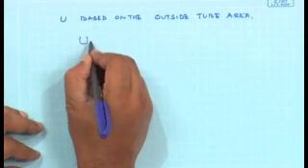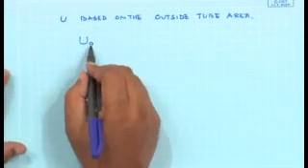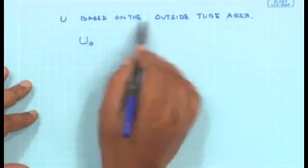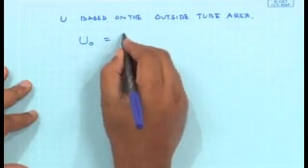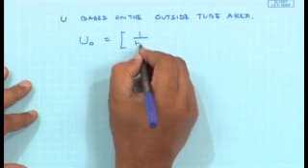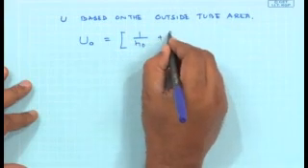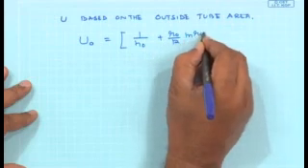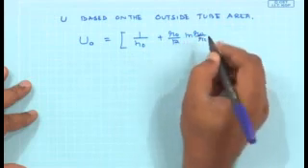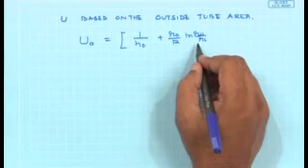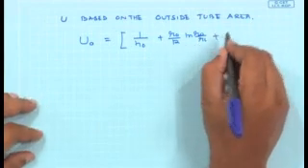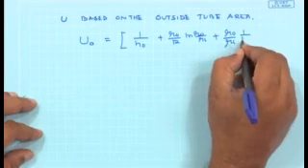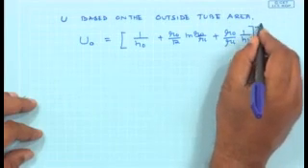So, this U naught simply denotes that it is based on the outside tube area. So, this is 1 by H naught plus R naught by K ln R naught by Ri, which is the conductive resistance, plus R naught by Ri times 1 by Hi, all to the power minus 1.